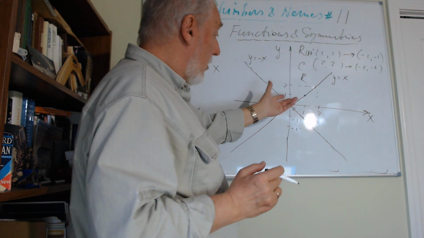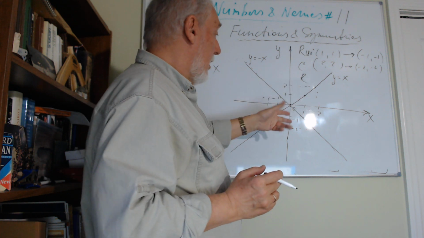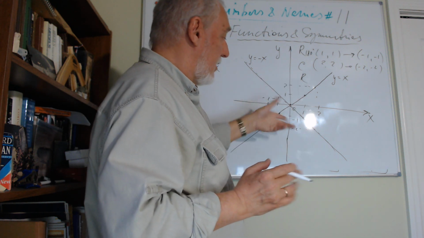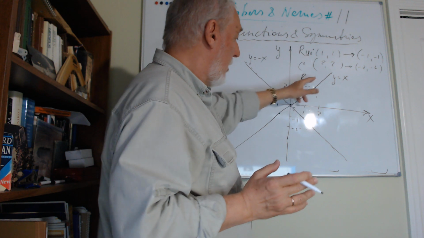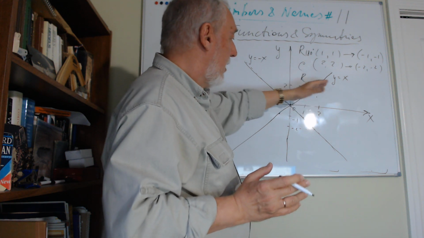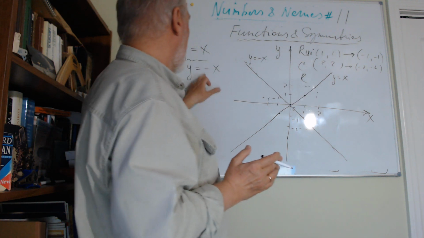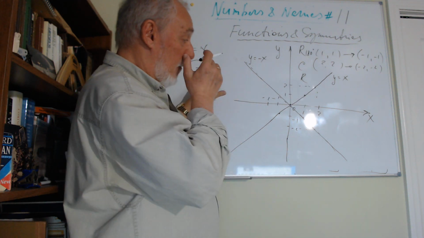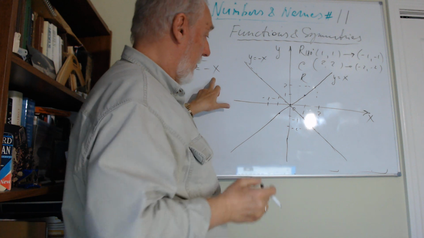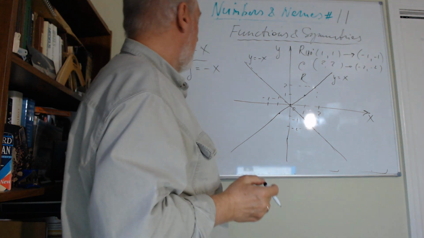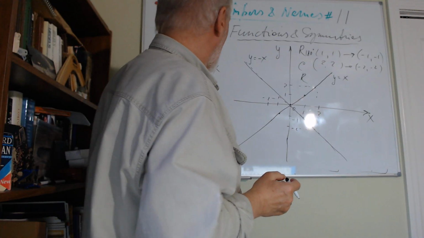Of course, the curve itself has rotational symmetry and everything, but I'm talking now about these two lines. This line is symmetrical to this line. And how do we do that? We put a minus here.